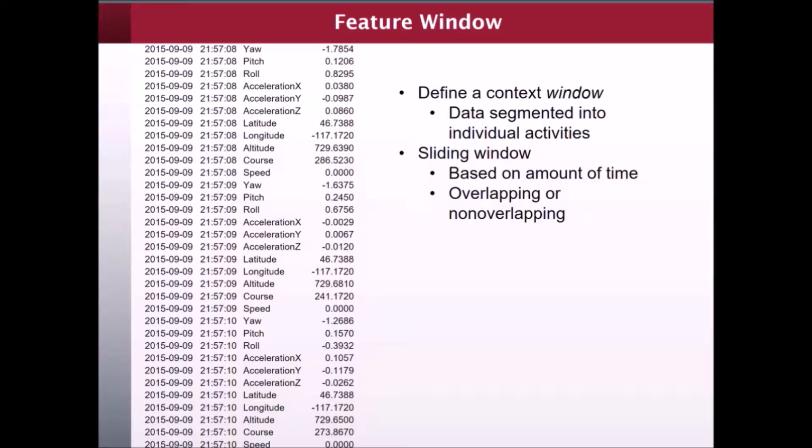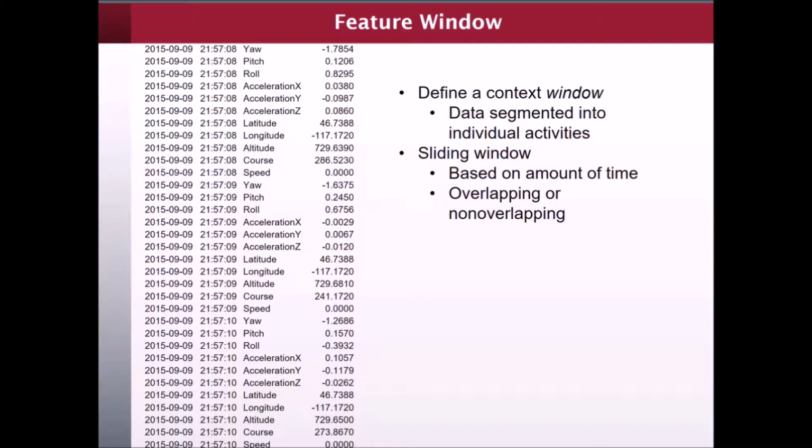We can either pre-segment the data if we have some way of knowing where the beginning and ending of an activity is. For example, if there are scripted activities, we may have recorded when each activity begins and ends, and then we only need look at the window of data corresponding to a single activity.